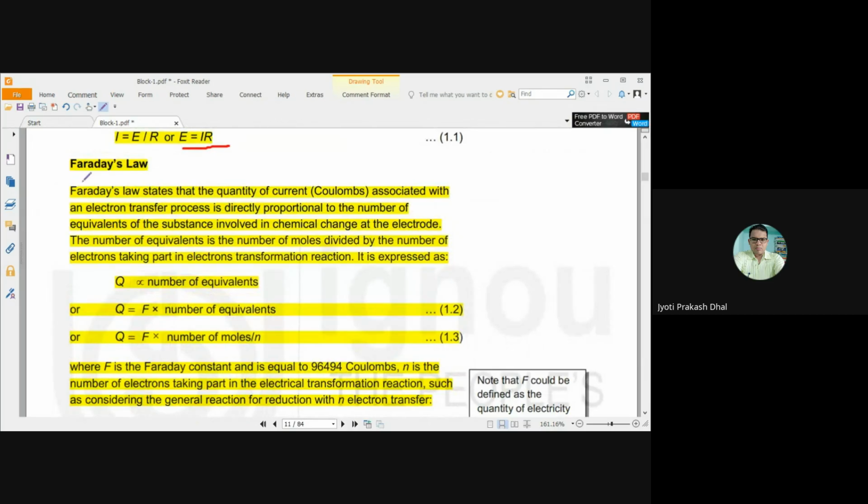Now coming to Faraday's law. Faraday's law states that the quantity of current in coulombs associated with an electron transfer process is directly proportional to the number of equivalents of substance deposited or liberated in any chemical change at the electrode.